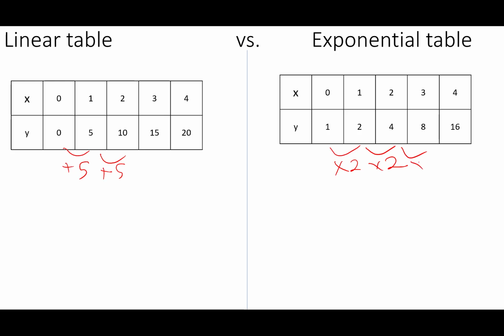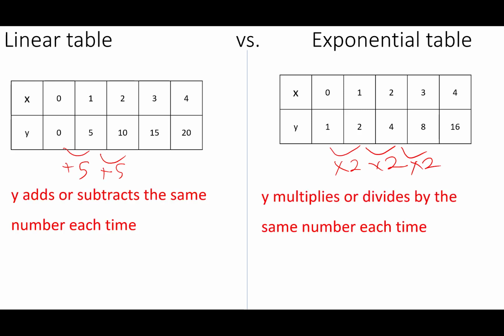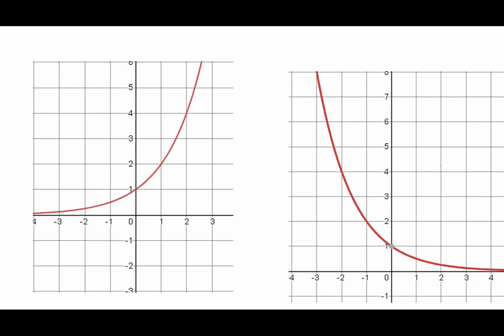So they're both consistent, but I'm either adding or I'm multiplying. Linear adds, exponential multiplies. All right, and these two here are examples of exponential graphs, what they look like. We've dealt with linear before, they're a straight line.